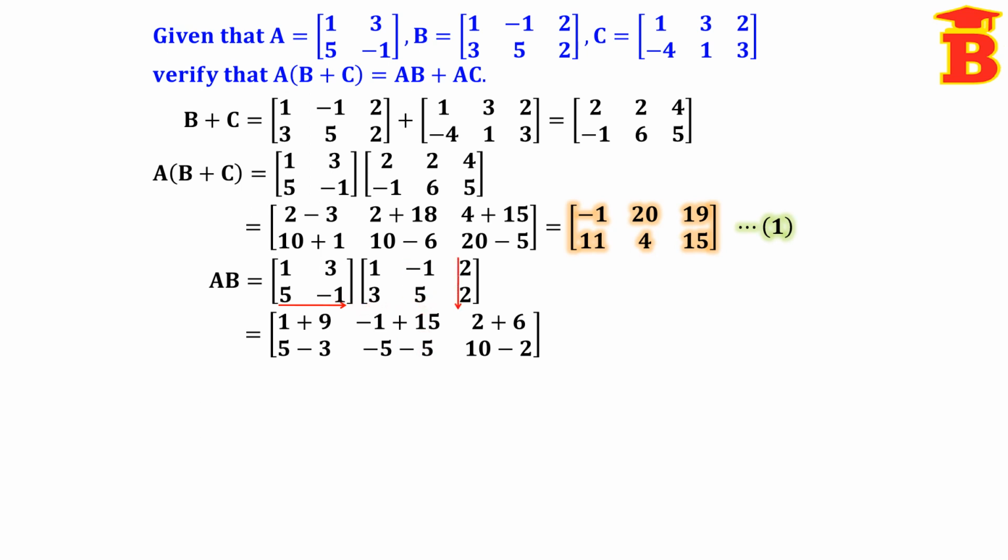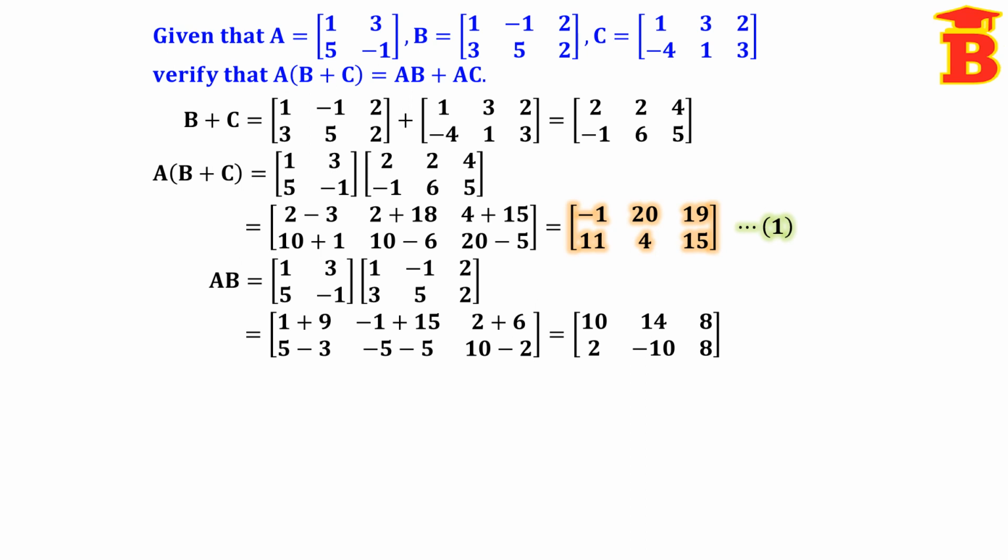Second row third column, 5 into 2 is 10, minus 1 into 2 is minus 2. So now simplify and write the answer. 1 plus 9 is 10, minus 1 plus 15 is 14, 2 plus 6 is 8, 5 minus 3 is 2, minus 5 minus 5 is minus 10, 10 minus 2 is 8. So this is AB.